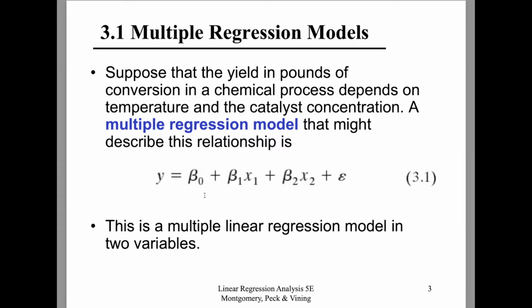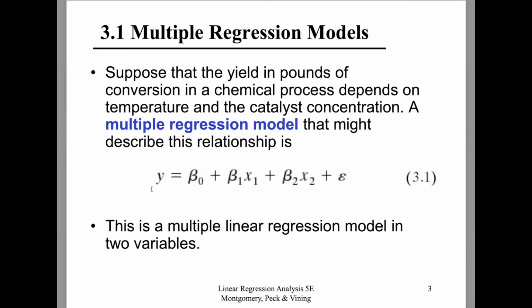Now, the deterministic component is called deterministic because once we have values for, in this case, two explanatory variables, x1 and x2, then the value of that deterministic component would be completely specified. It would be completely determined. But we know that in the real world, when we are experimenting, collecting data, and so forth, the values of a response variable are not going to be perfectly predicted by a function such as this deterministic component.